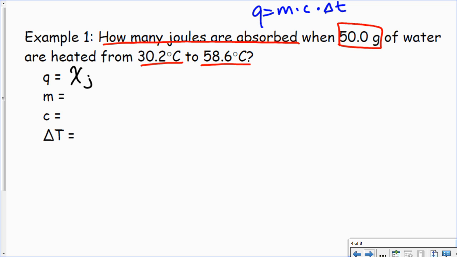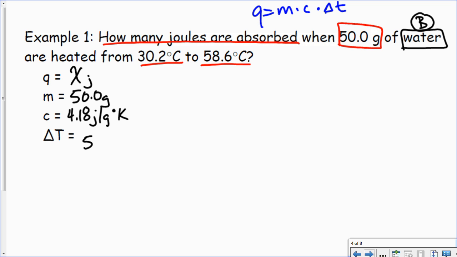M is 50.0 grams. We're talking about water in this case, so we have to look for the C value from Table B, and that is, since I've memorized it, 4.18 joules per gram degree Kelvin on our reference tables. And to find the change in temperature, we take our final temperature, 58.6 minus 30.2.